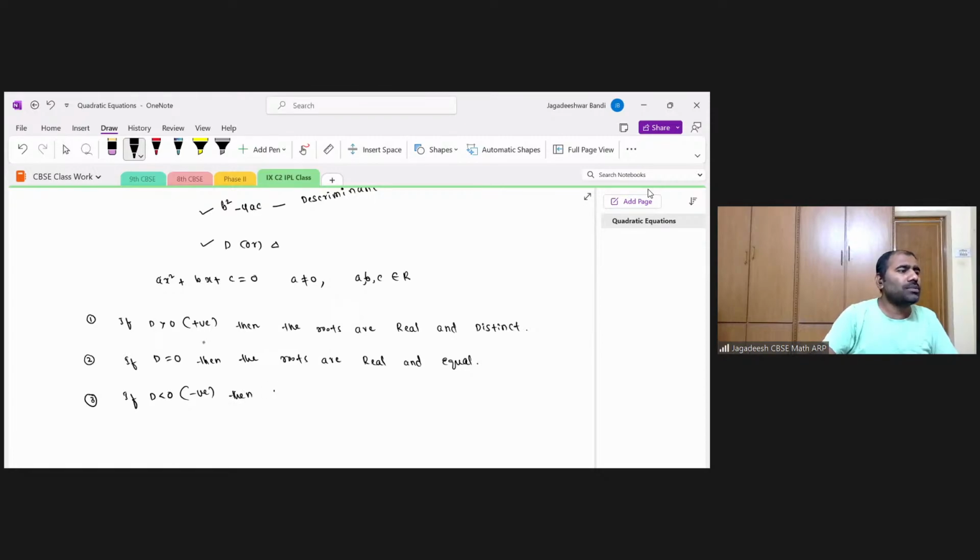Then the roots are complex. We already discussed that yesterday. Complex means what, children? Maybe 2 plus i or 2 minus i, like that. Complex roots.